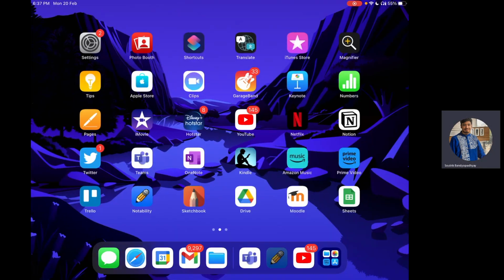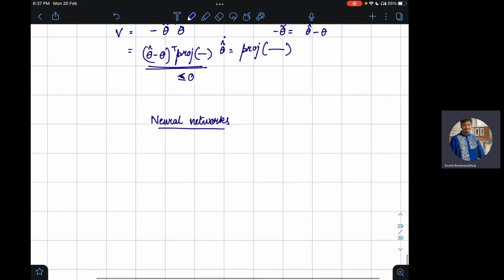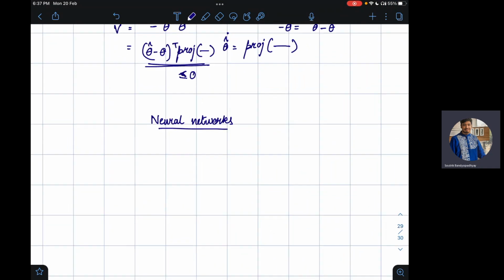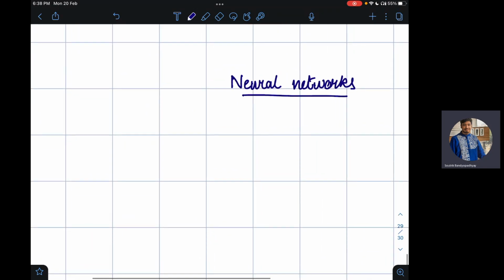Hi, sorry about that. So we were talking about neural networks and why they are useful in the sense of adaptive control. Now, you might have studied this Euler-Lagrange system dynamics in the class, right?